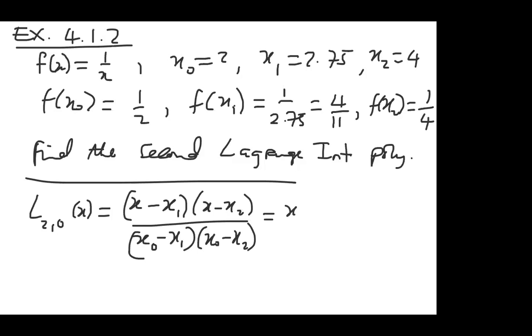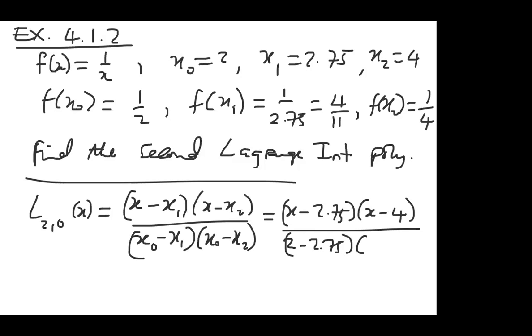We have x minus x1 is 2.75 times x minus x2, which is 4, then divided by x0, which is 2, so we'll have 2 minus 2.75 and then 2 minus 4. So we can evaluate the numerator there, and I guess it will give you 2 over 3.